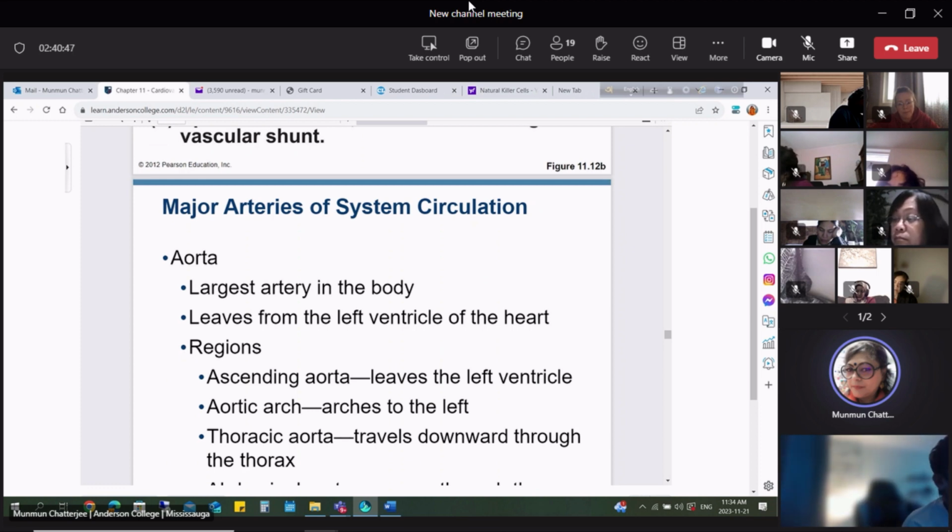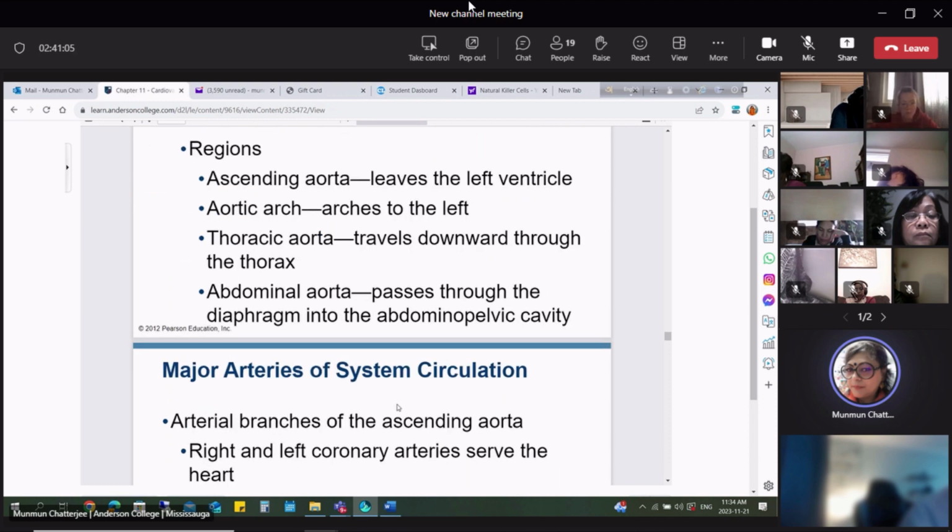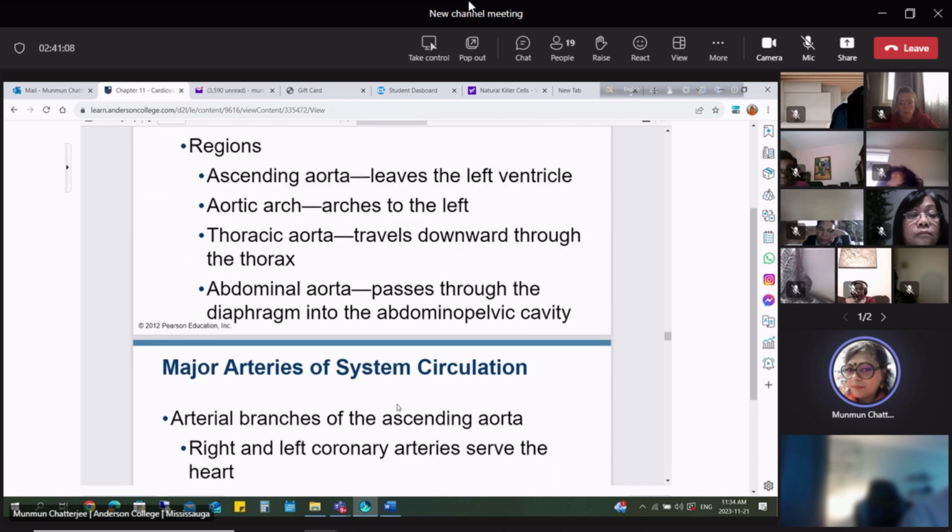It leaves from the left ventricle of the heart, as we discussed so many times. We have the ascending aorta, which leaves the left ventricle, then it makes a round arch to go down. It's called the arch of the aorta, to the left. Then it becomes the thoracic aorta and travels downward through the thorax. After the thoracic region, we have the abdominal region.